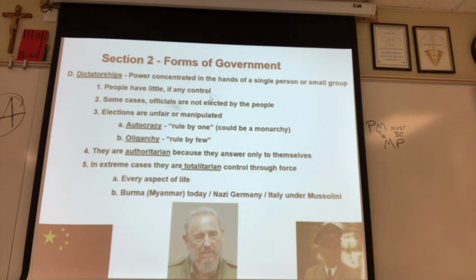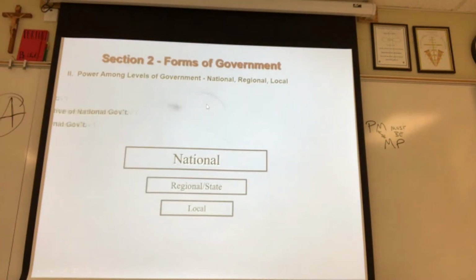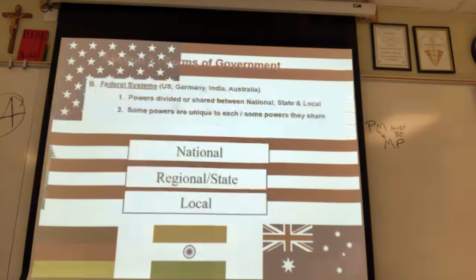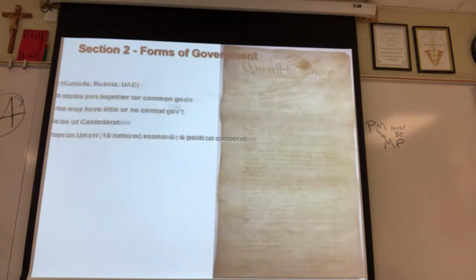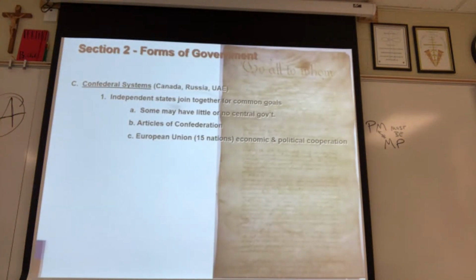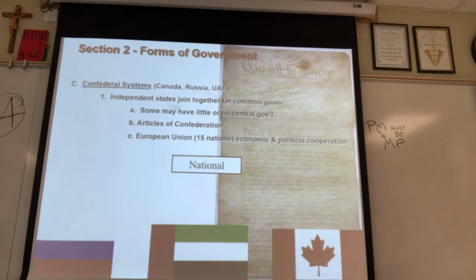All right, let's see. Confederal. Okay, independent states join together for common goals.